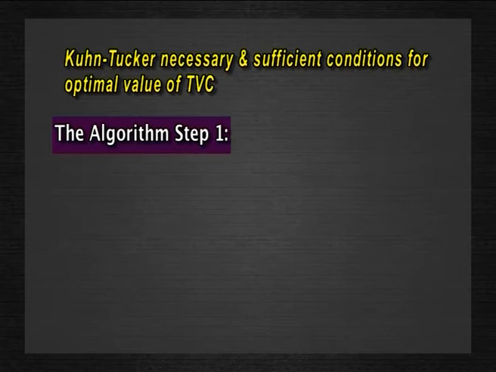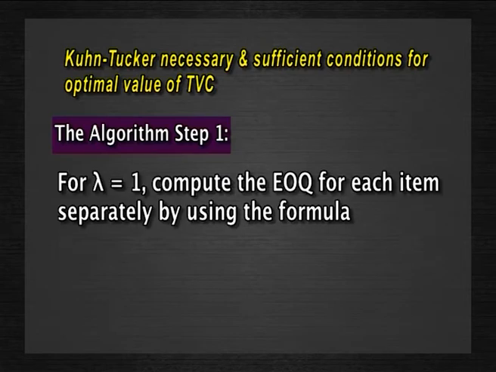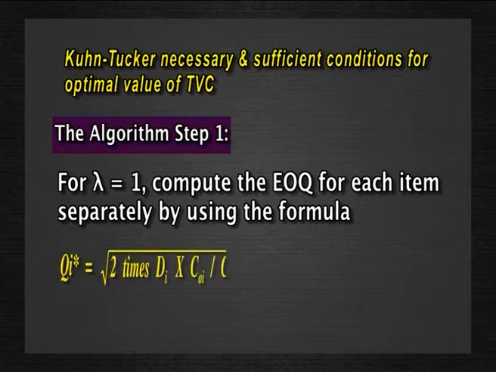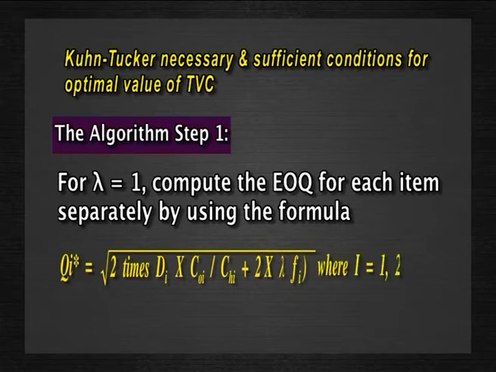The algorithm. Step 1. For lambda equal to 1, compute the EOQ for each item separately by using the formula Qi star equal to square root of 2 times di into COi divided by CHi plus 2 into lambda into Fi, where i is equal to 1, 2, 3 up to n.